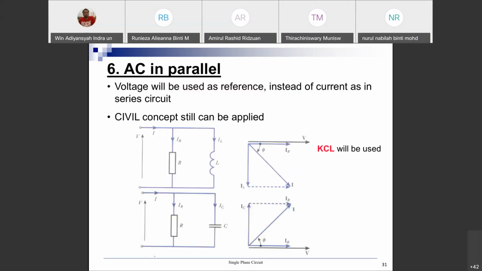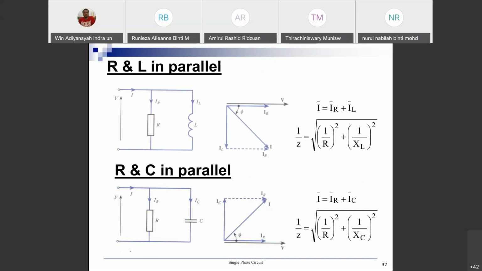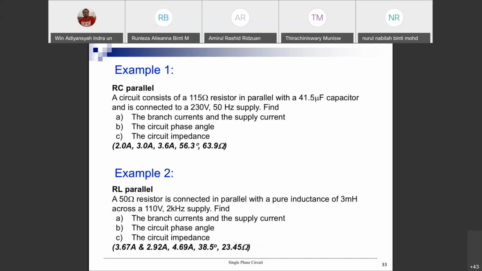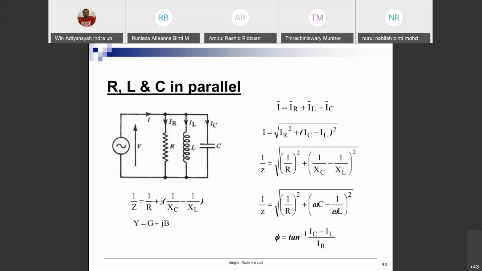This is parallel. Can just go through this one. 1 over Z, for R, L, C in parallel.